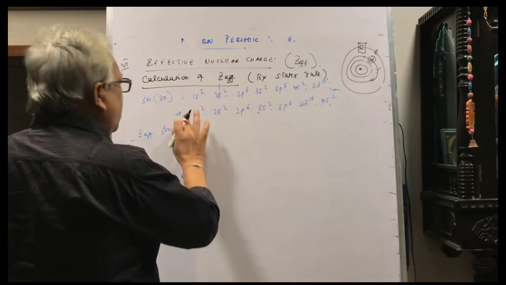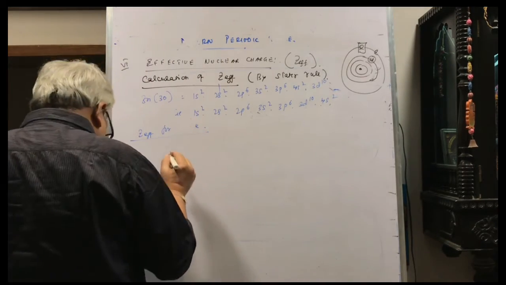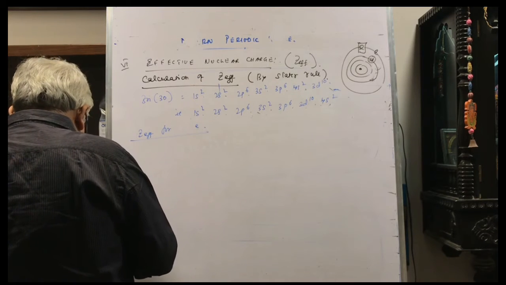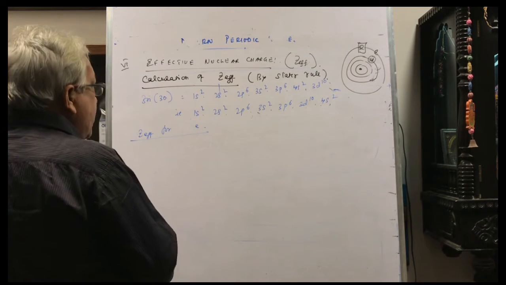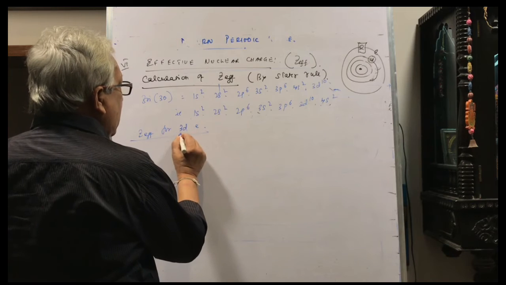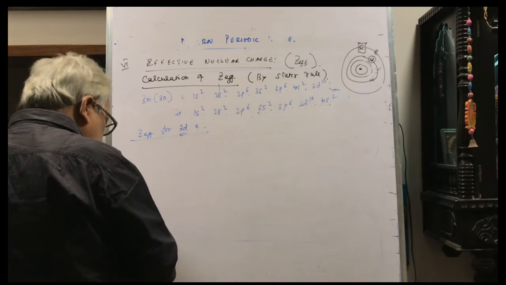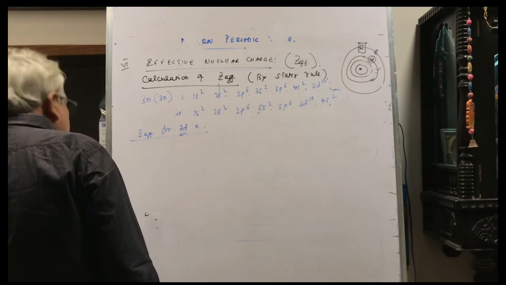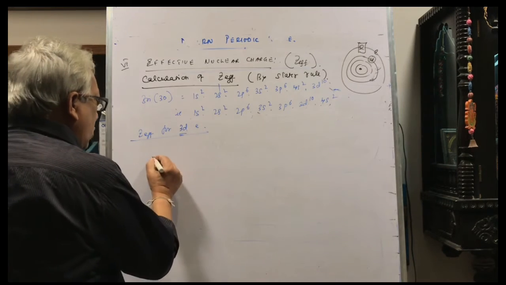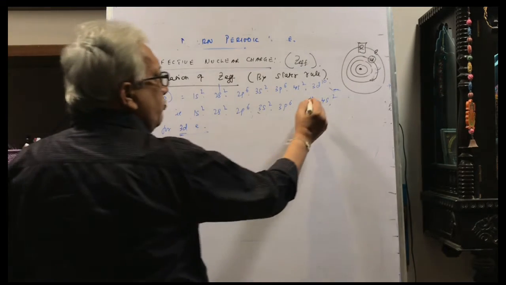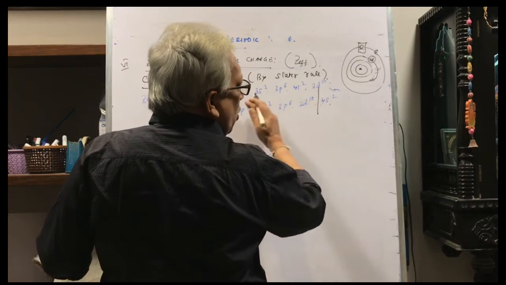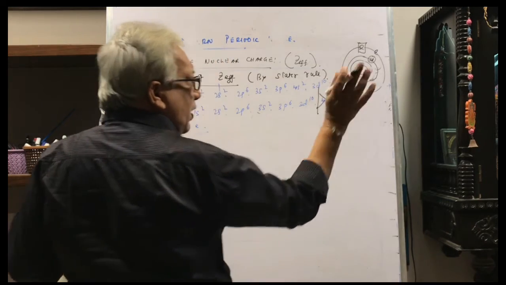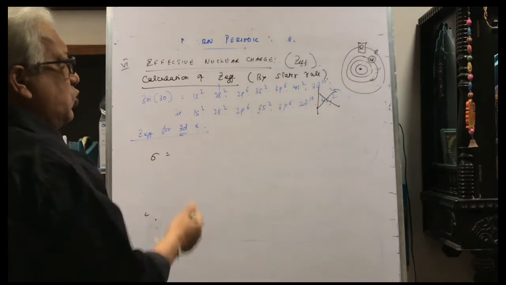For a 3d electron, first I have to find out screening constant, that is sigma. When I find out screening constant sigma, first and foremost, the one on the right-hand side is insignificant. It will not contribute any shielding.